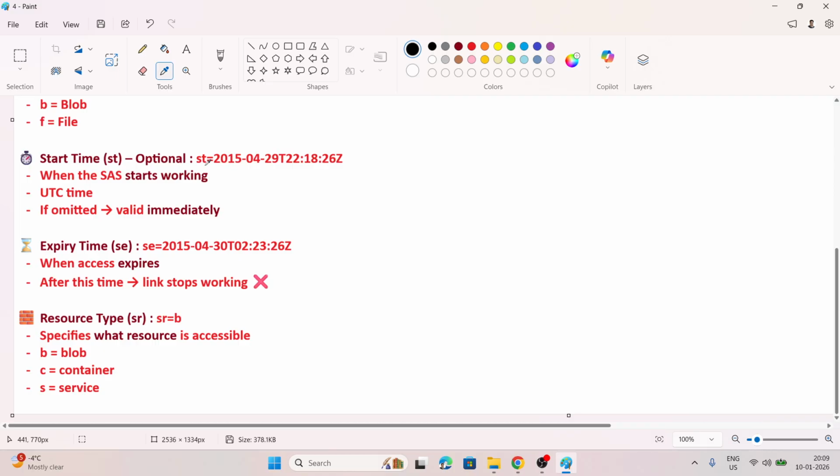This is an optional feature, it says when the SAS starts working, in UTC time. If omitted, it is valid immediately. Then expiry time, when this SAS token will expire. So here is the time, SE. Then resource type, SR equal to b. It specifies what resource is accessible: b means blob, c means container, s means service.